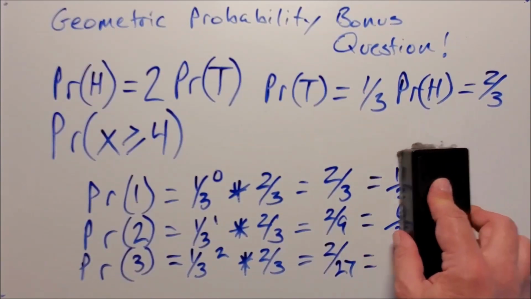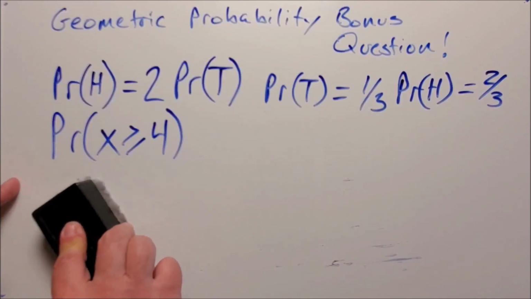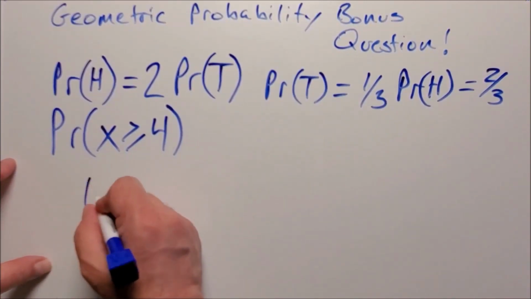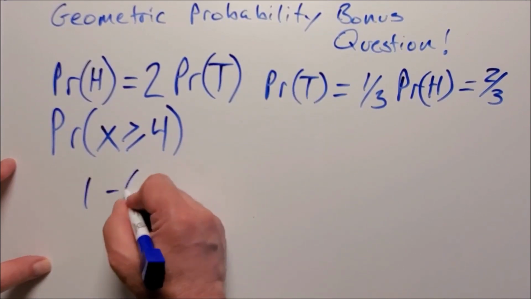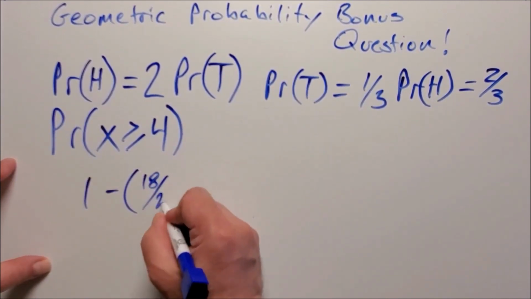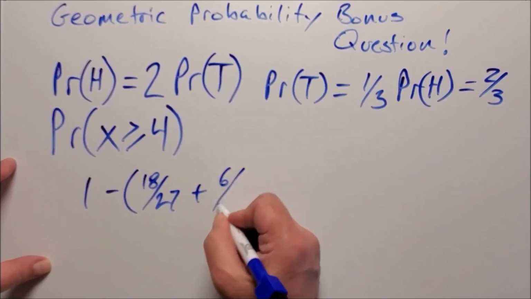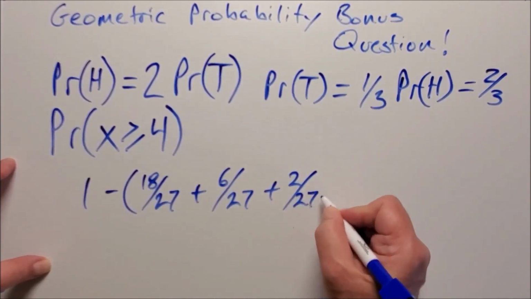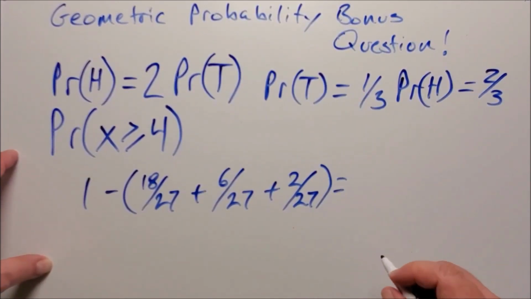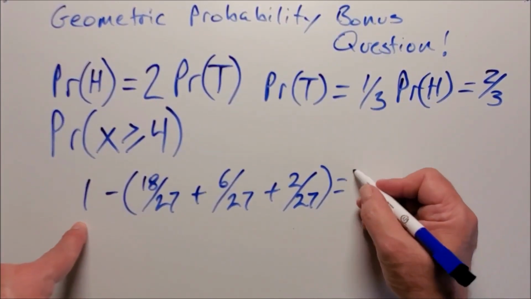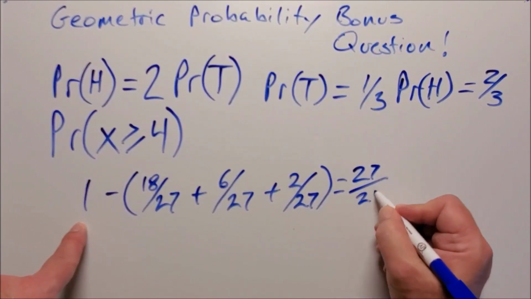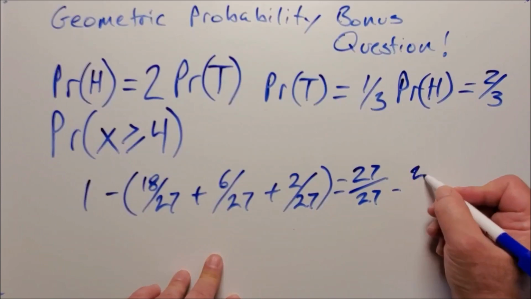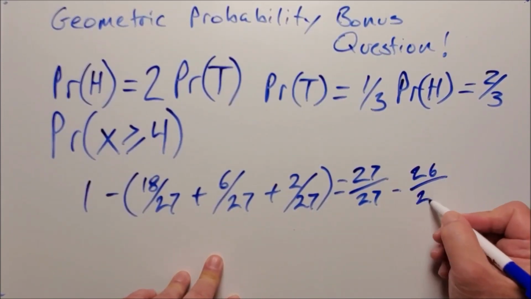Let me go ahead and do that. So 1 minus 18 27ths plus 6 27ths plus 2 27ths is going to be equal to 26 27ths. And 1 is 27 27ths, minus 26 27ths.